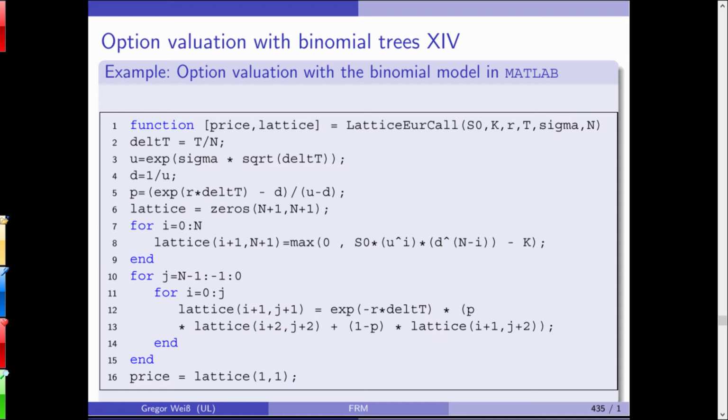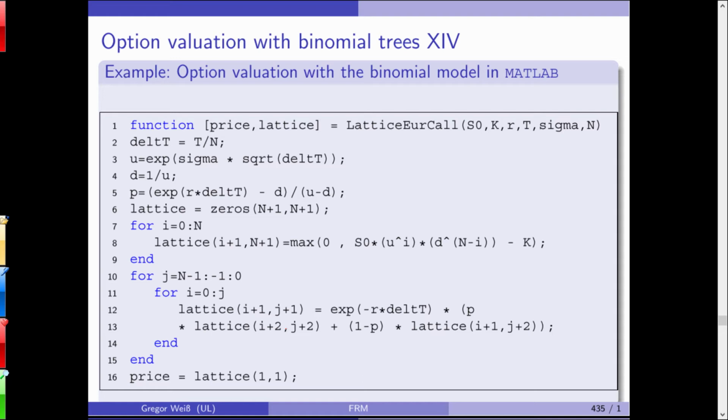We want the price and the lattice that has been used as the output, and the output is equal to, this is the function name, lattice_call, and the input variables are S0, K, R, T, sigma, and capital N. So we are supplying the function with the starting price of the underlying, the strike K, the risk-free rate R, the time horizon T, the volatility sigma, and the number of steps we want to discretize with capital N.